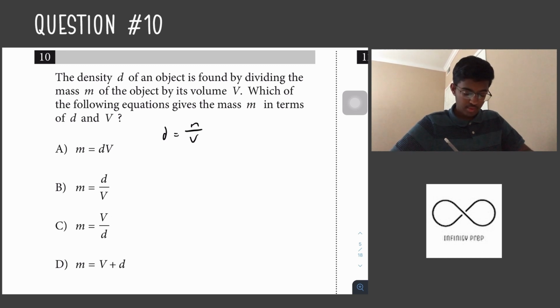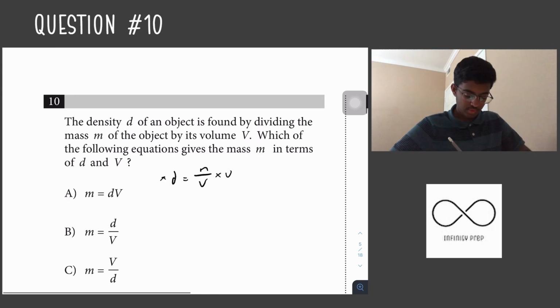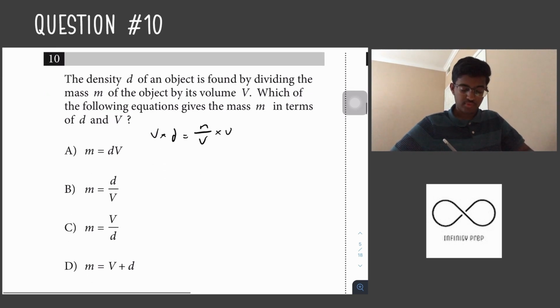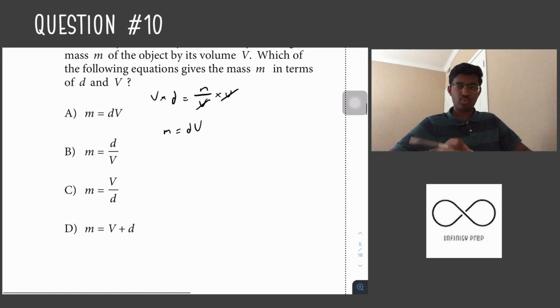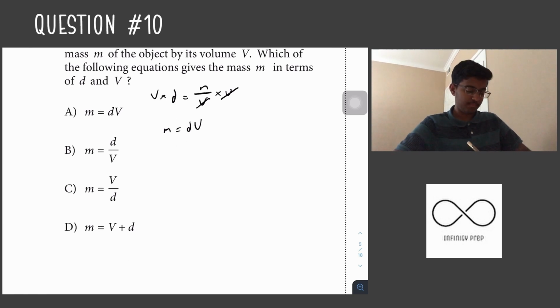So the v's on the right side are canceled out, and the left side becomes v times d. This would make the equation m equals dv, which would correspond with answer choice A.